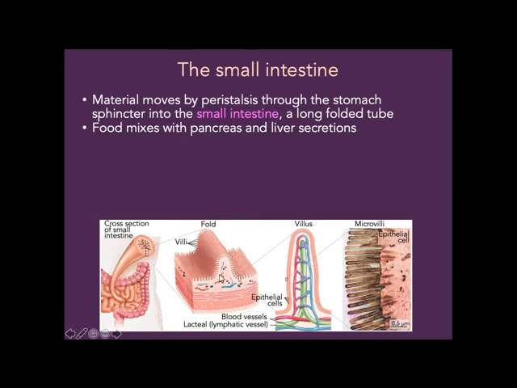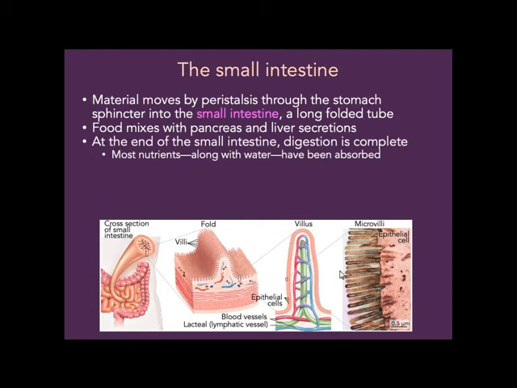If you look closer, each of these infoldings is covered with small finger-like villi, which are caused by folding. This is an individual villus. And if you look in even greater detail, you can see that along each one are microvilli, like this. So you have lots and lots of surface area available.